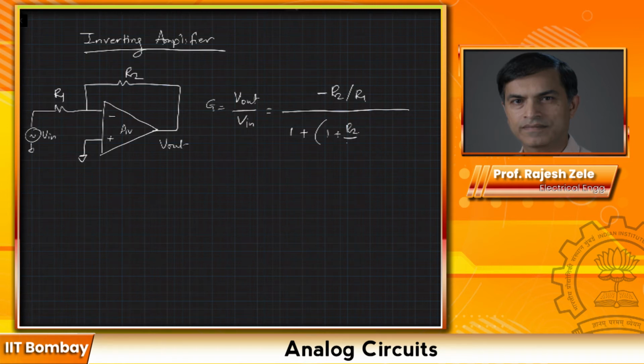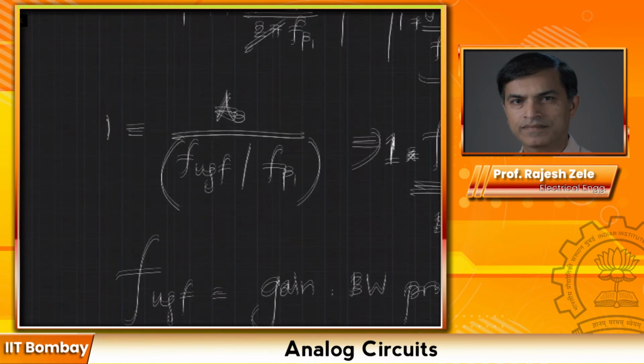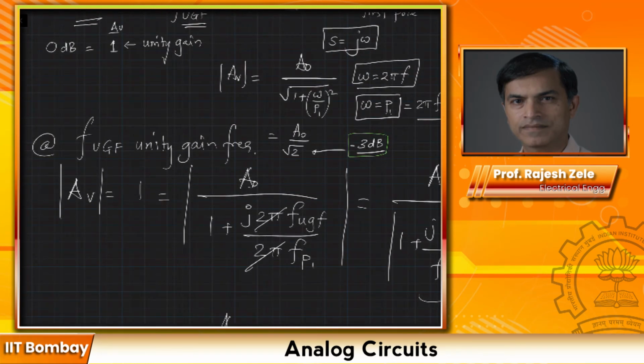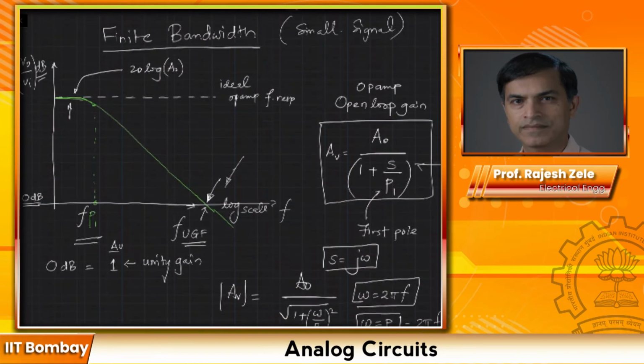Now we already went through the one pole approximation for the op-amp, where we said we can model the open loop gain of the op-amp as a single pole response, where AV would look like A0.